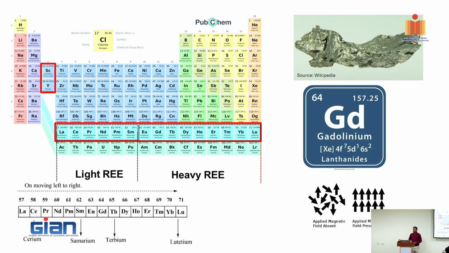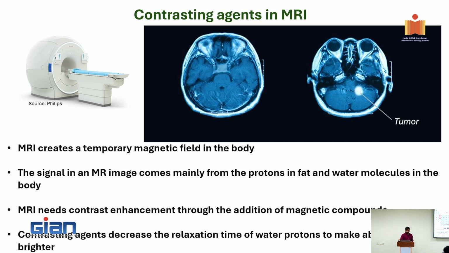Because of its unique properties, it is used to create contrast in some things in our human body. Going back to the basics, we are seeing that figure of a simple MRI scan. What exactly is happening in an MRI? Why is gadolinium used in MRIs? In the figure on the top right corner, the left side is without gadolinium or contrasting agent, and on the right, as soon as you inject the gadolinium, you notice the tumor.